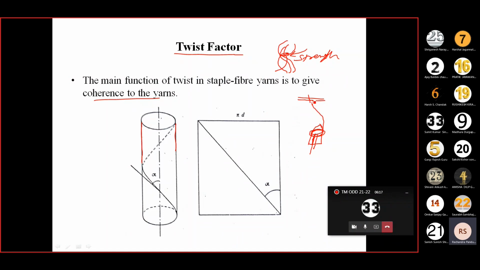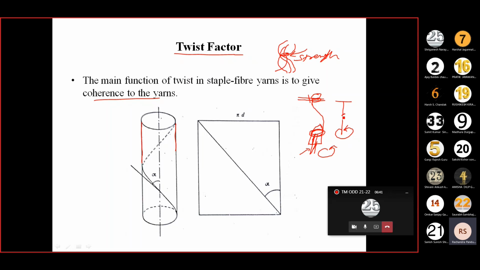As the fibers are gripped by the pair of front rollers, at the bottom side the bobbin is placed over the spindle, and the spindle is revolving at a very high speed, right? So one end is gripped and the other end is revolving.